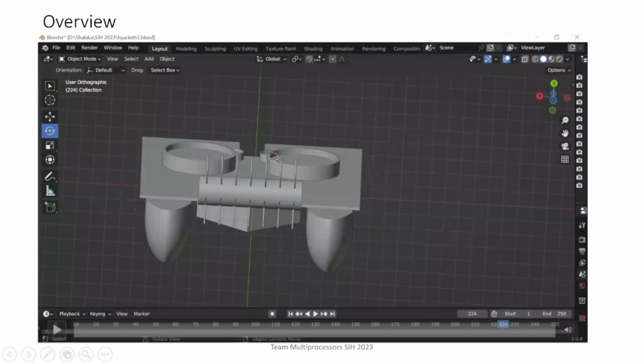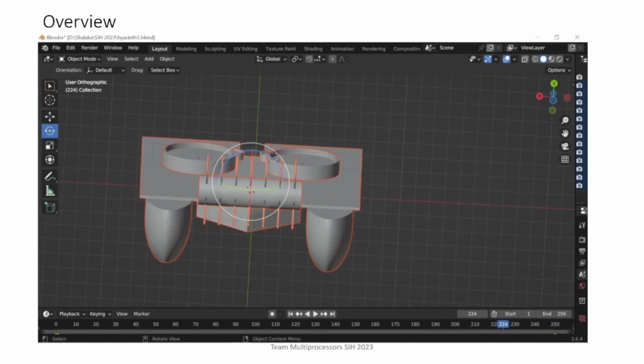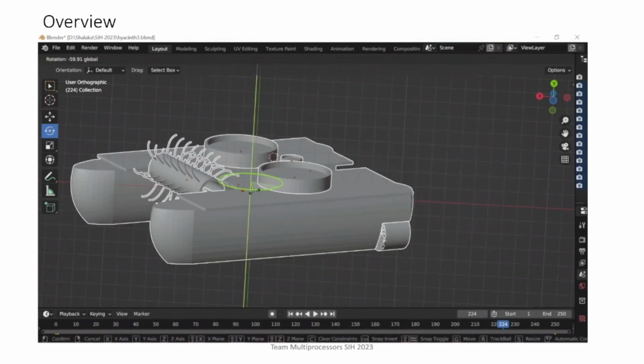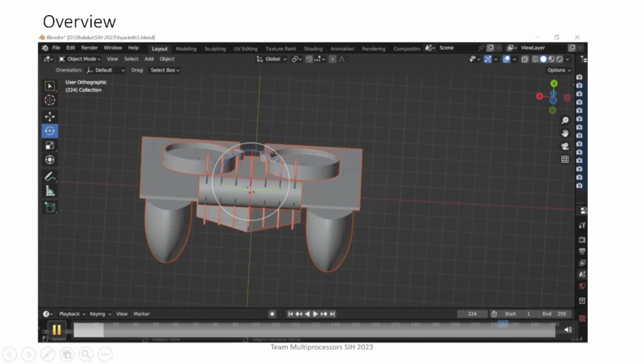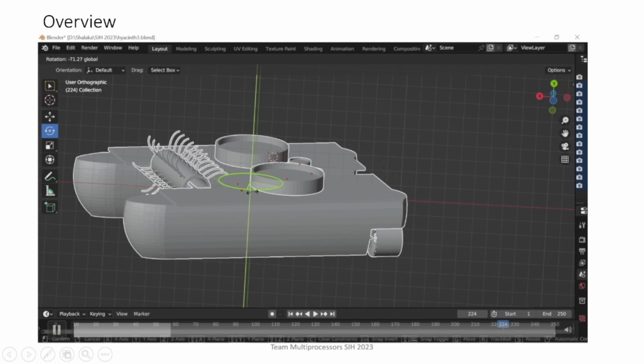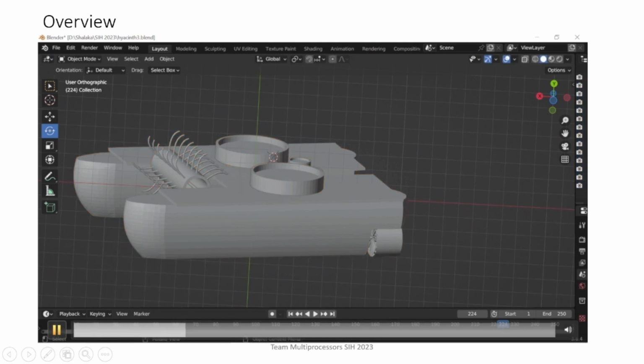This is an overview of our design. Overview of the CAD model. Our design would be a semi-autonomous board similar to a boat.